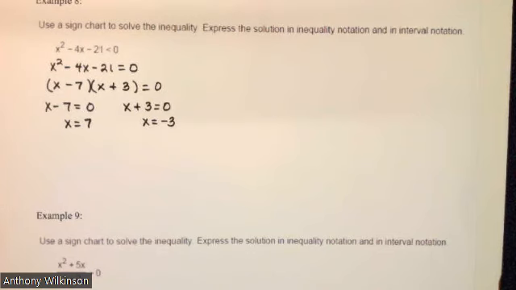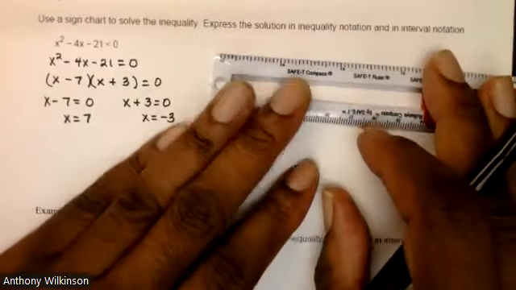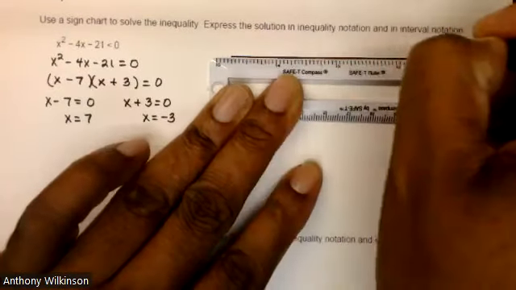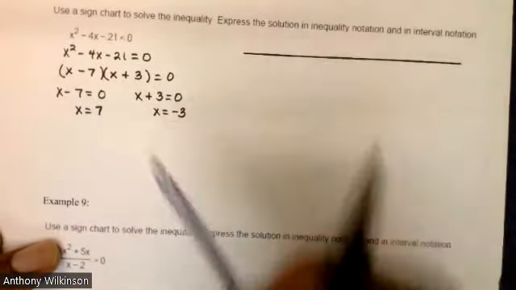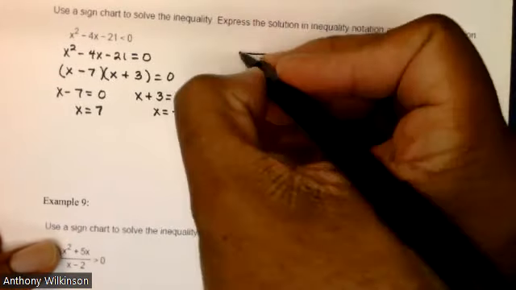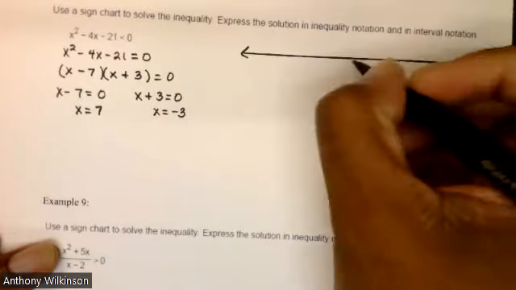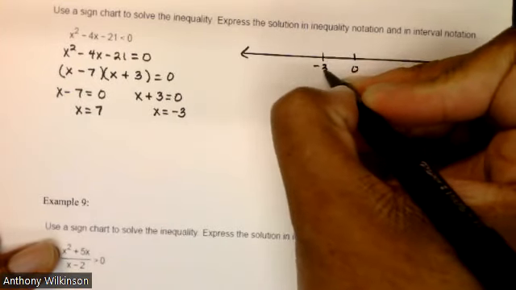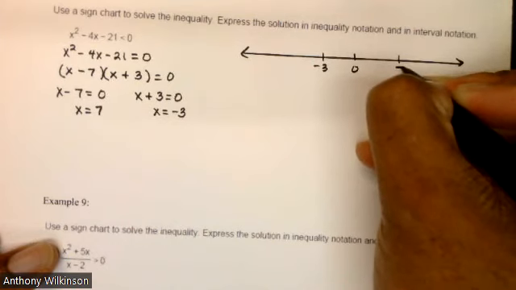All right, so these are my 2 points where the function is 0, at 7 and at negative 3. So this is where I draw a sign chart. Here's my number line. Here's 0, negative 3 is on the left, and 7 is on the right.